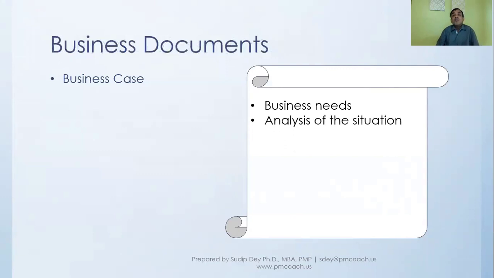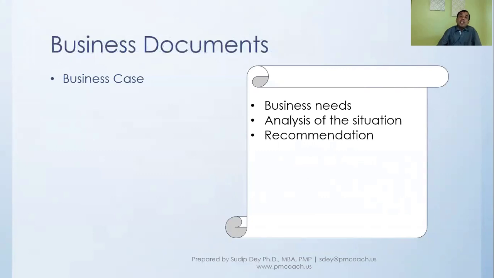And then this will be derived based on the analysis of the situation. Probably some gap analysis will be done. And so this is the current state of the business. This is what needs to be done to actually run the business more efficiently, to derive more benefits. And based on this is the need that we have in the business.